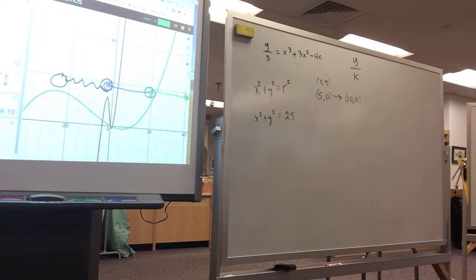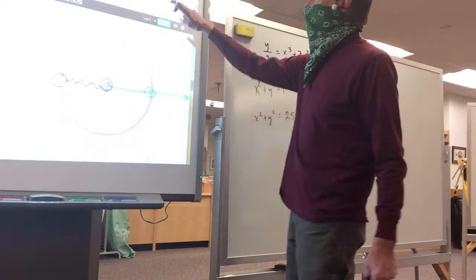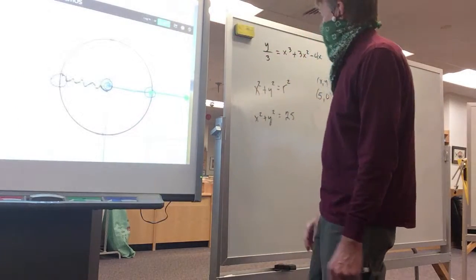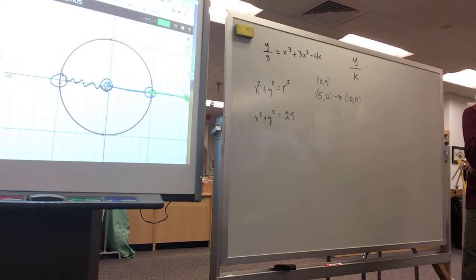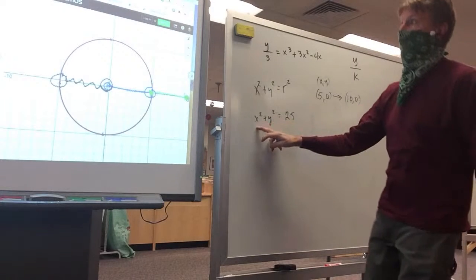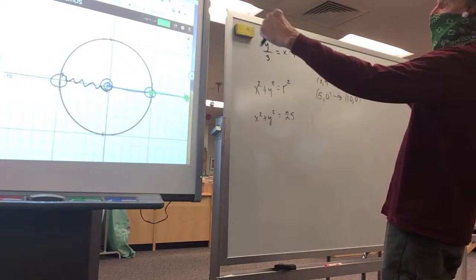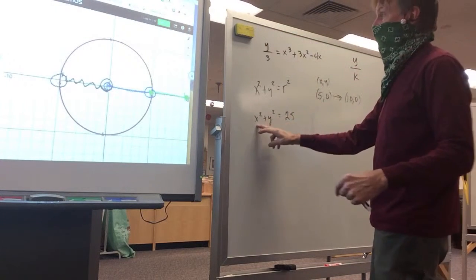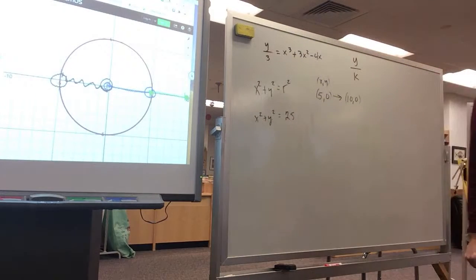So if I just want to shift this circle and move it over, I'm not going to be dividing by this, because if I divide, everything will get further and further away. It'll turn into an oval.